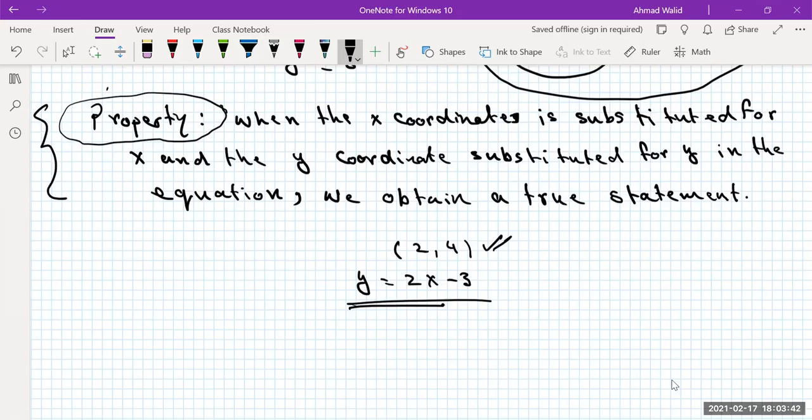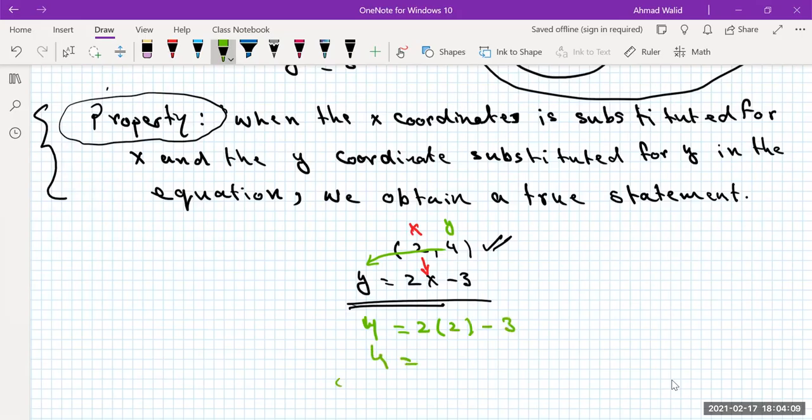Look, this property is telling us that if you plug in the coordinates of x for x and the coordinates of y for y, like this, instead of y, I'll write 4 equals 2 times, how much is x? Your x is 2, minus 3.